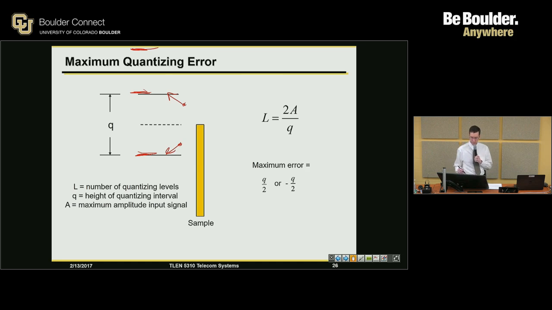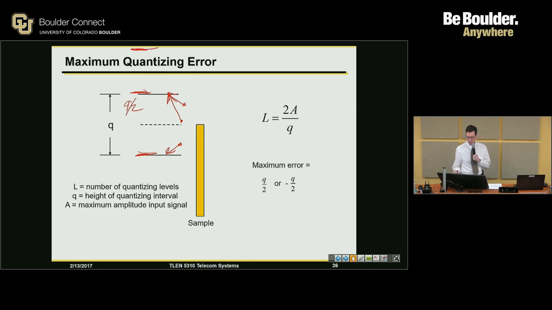So let's say my sample happened to be at this point, and it goes up to that. How much am I off by? I'm off by almost Q over 2, right? So that's what my error is. That's what my quantizing error is.